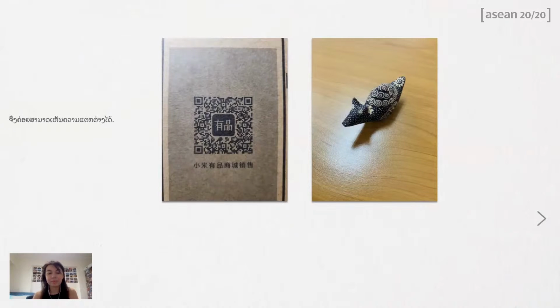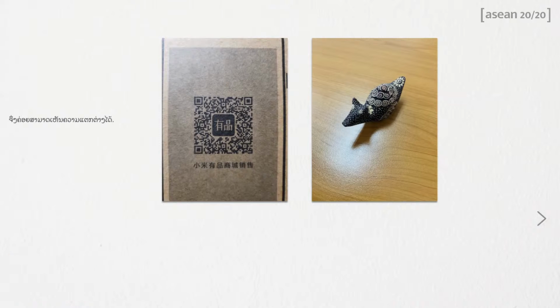Yeah. And apart from that, if you notice the patterns, it's all repetitive patterns. So for example, the QR code would have repetitive squares or pixels, and then the snail would have repetitive circles.